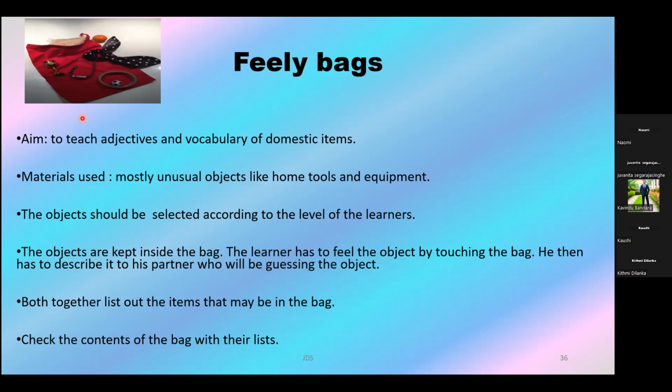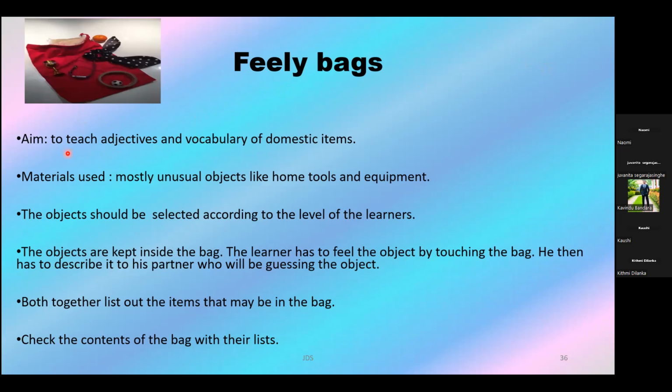So this is a feely bag, right? It's not transparent. It's a kind of bag. Now you can't see what is actually put inside the bag. It's an invisible bag. You have to only feel and guess the object that is inside the bag.